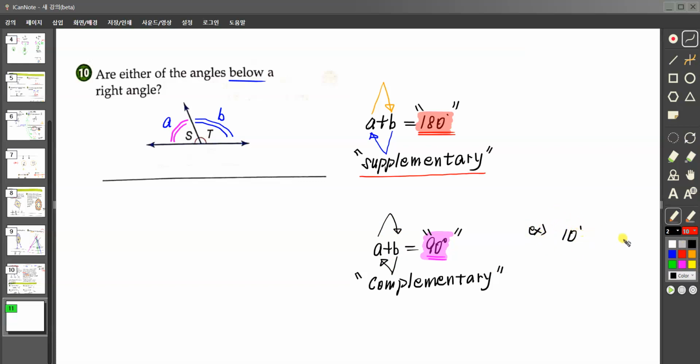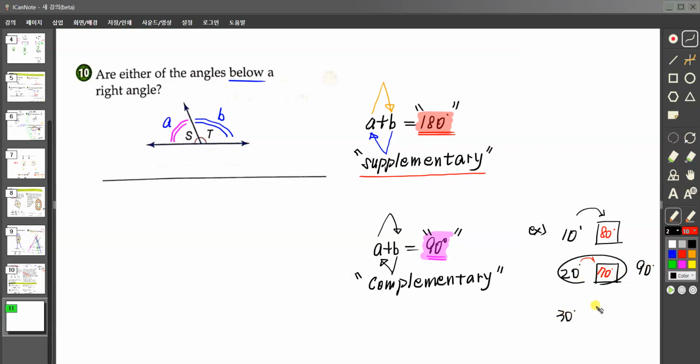There is a 10 degree, and what is the complementary? 80. The sum should be 90. Okay, if there is a 20, what is the complementary? 70. 90, so their sum is 90. Yeah, 70 is complementary to 20.